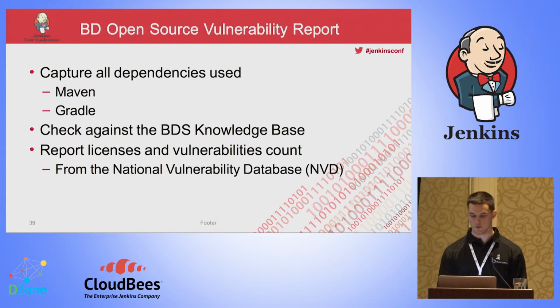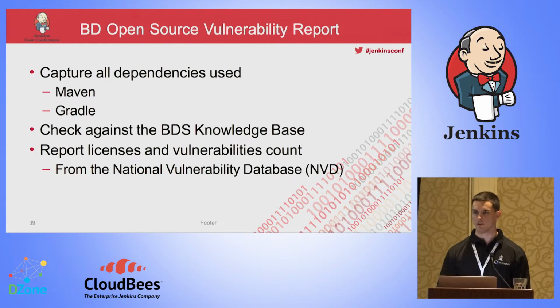So what our new vulnerability report plugin does is during the Maven and Gradle builds in Jenkins, it captures the dependency resolution from those builds, and it gets all the transitive dependencies of your dependencies. So it gets that full list, and then it sends it out to our match service, which matches those components to open source libraries that we know about in our knowledge base.